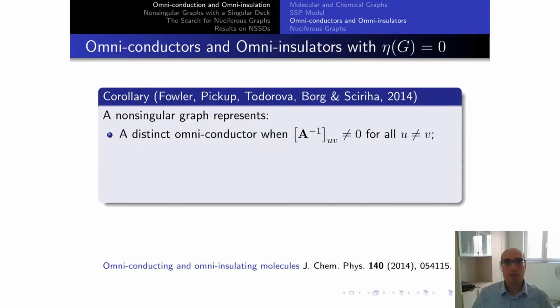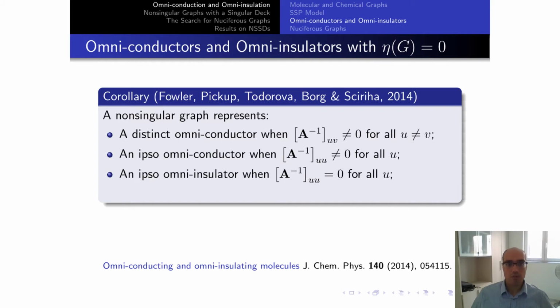So in the case of a non-singular graph, we have the following results. A distinct omniconductor will exist when the entries outside the diagonal of the inverse are all non-zero. An ipso omniconductor will exist if the entries in the diagonal of the inverse are all non-zero.